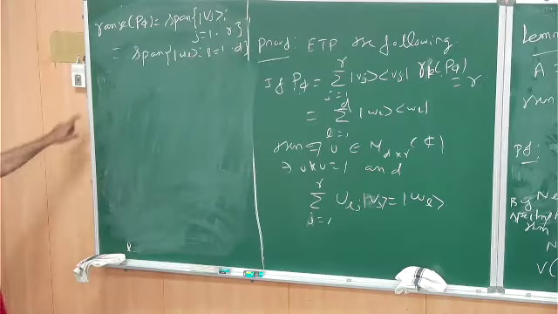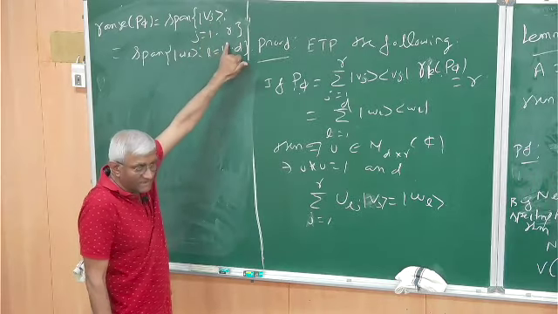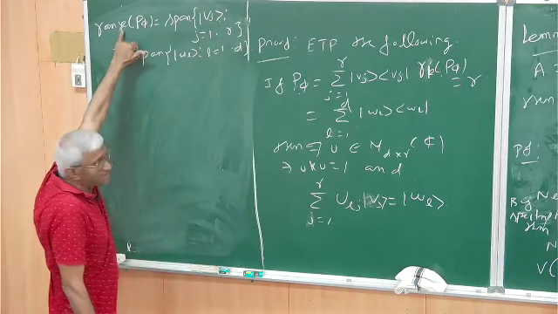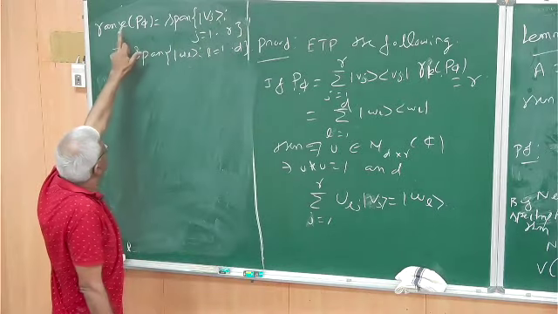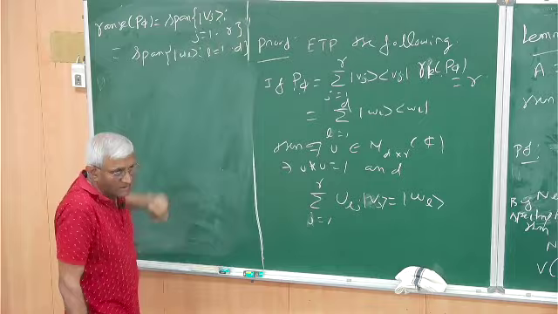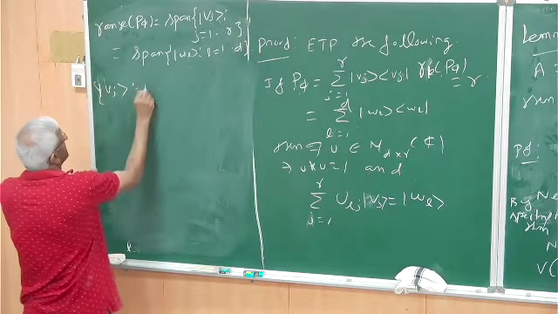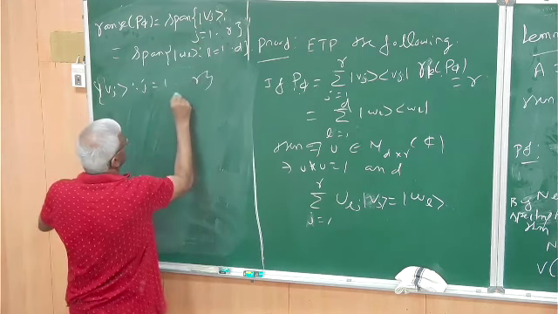Now these are R vectors, and the rank of P phi is R, which means this has dimension R. So this is a basis. In particular, the Vj's, j equal to 1 to R, are linearly independent.